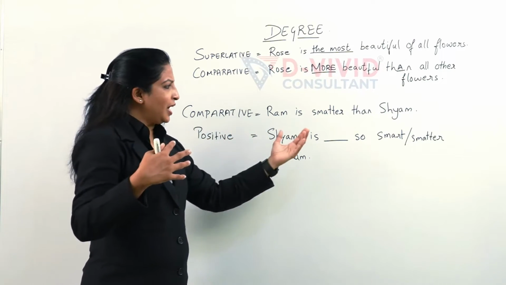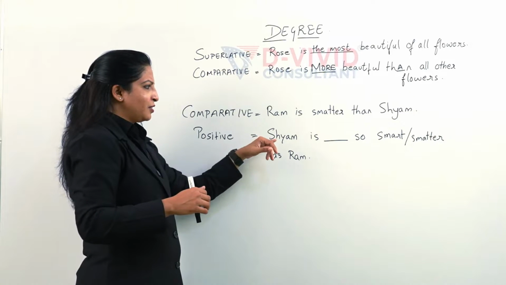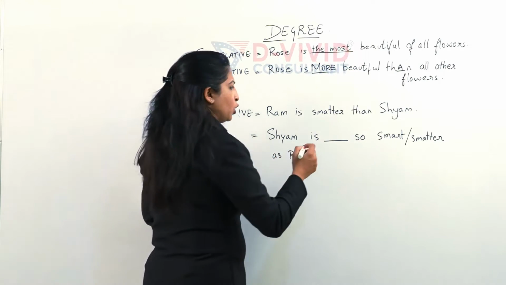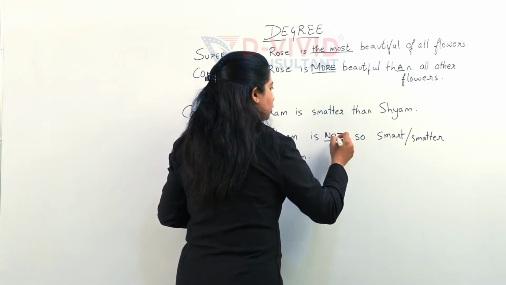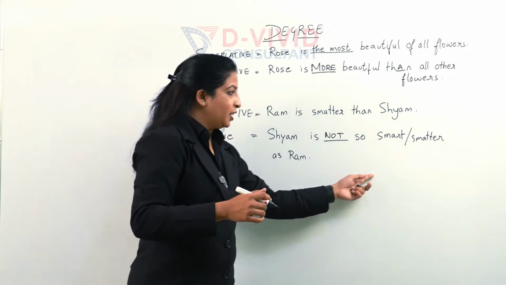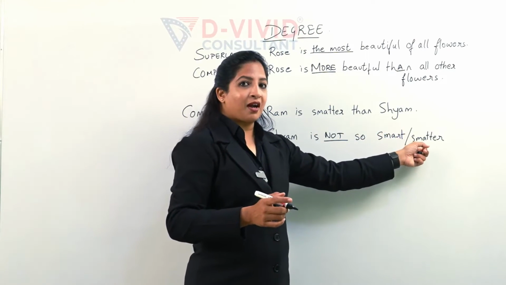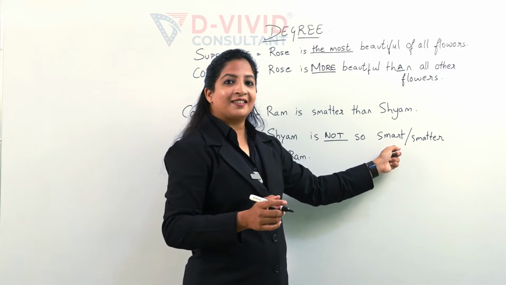So what kind of word should I write here? So can I say that "Shyam is not so"? Now which word should I pick, smart or smarter? Don't forget you have a positive degree. So should you use smarter or should you use smart?